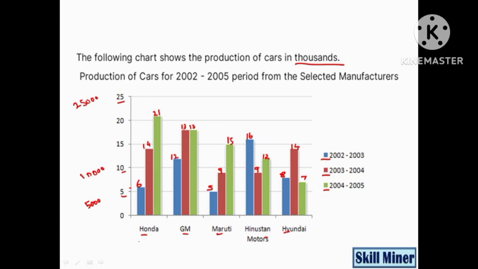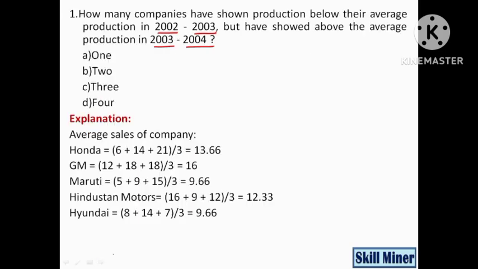For Honda, the average value will be 6 plus 14 plus 21 divided by 3. For GM, the average value will be 12 plus 13 plus 13 by 3. Likewise, we need to find it for all 5 manufacturers. The calculation part is given here.